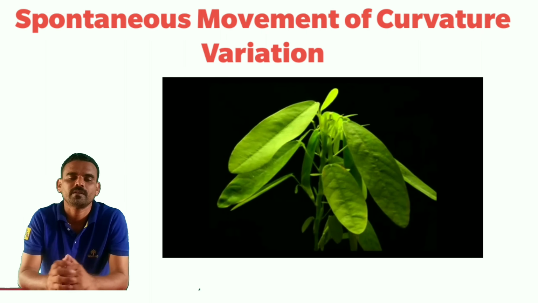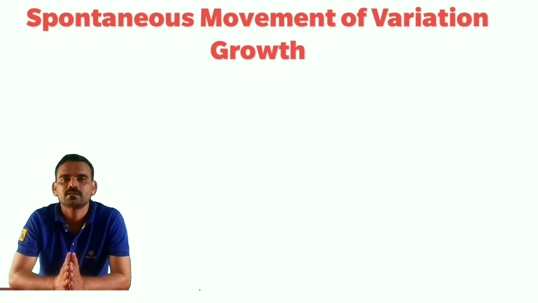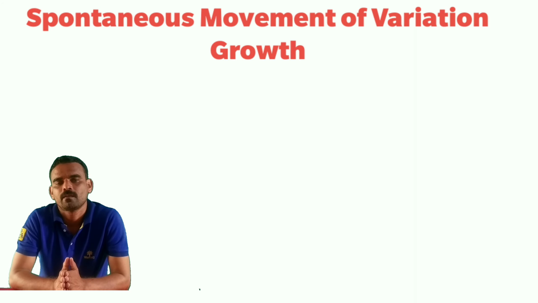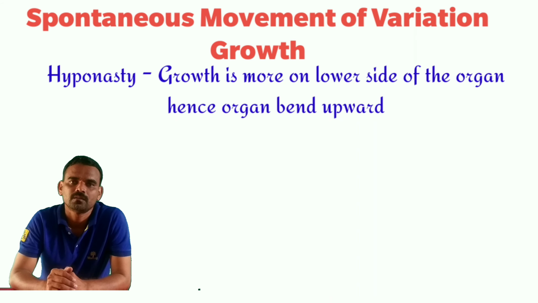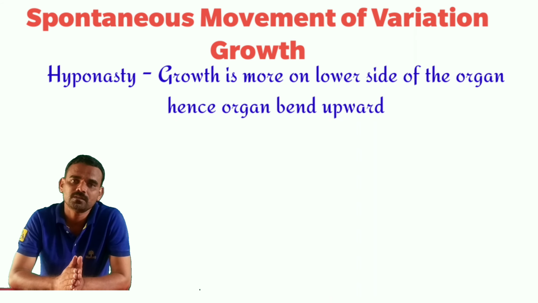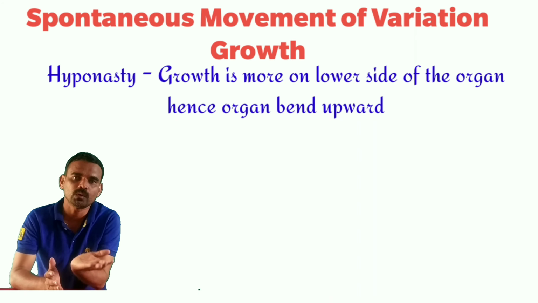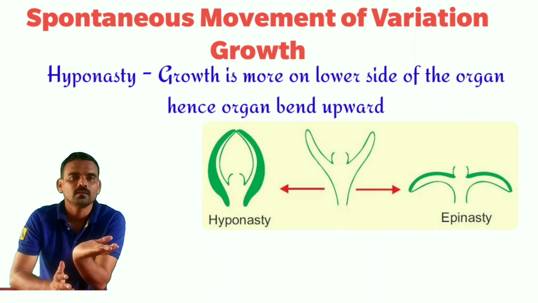In case of growth movement, hyponasty or epinasty pattern is there, which is generally found in case of dorsiventral organs like leaf, petals, sepals, etc. As far as hyponasty, or hyponastic movement is concerned, the growth is more towards the lower side of that particular organ.